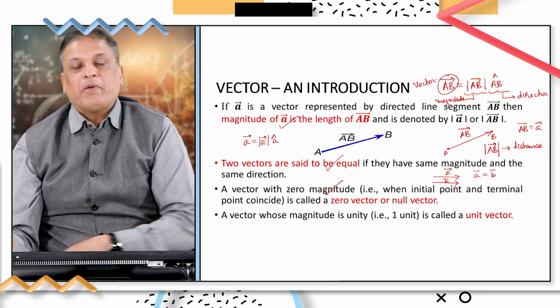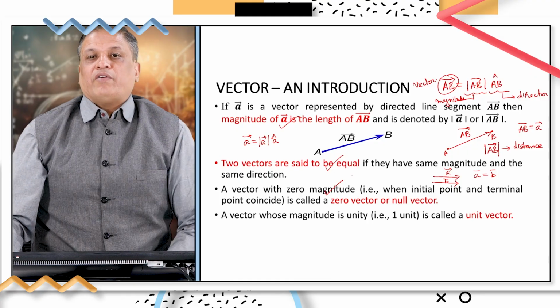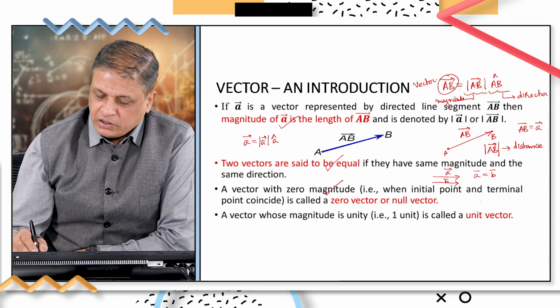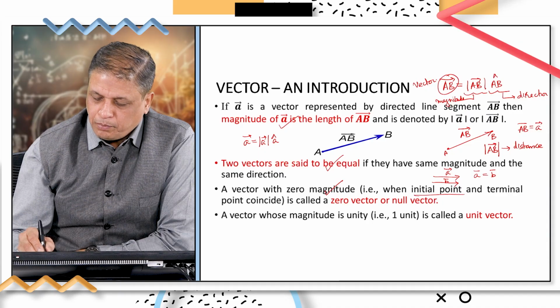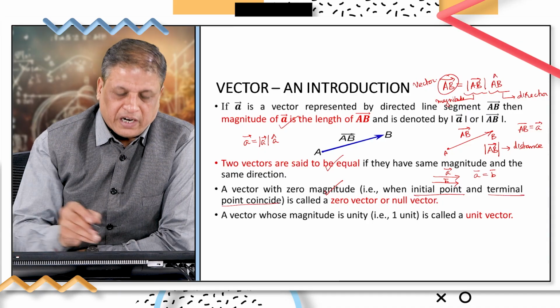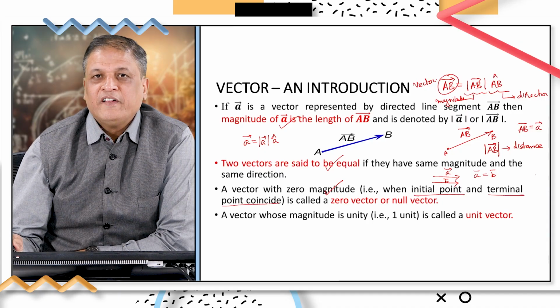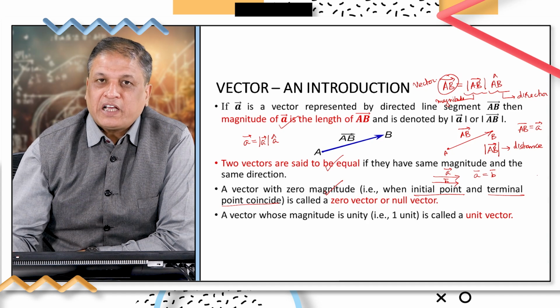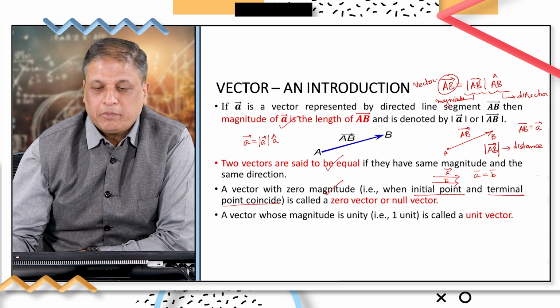The zero magnitude vectors are called null vectors or zero vectors, because I had already said that if the initial point and the terminal point coincide, in the case of displacement, we discussed that the displacement can be 0. If the starting point and ending point are the same, then the displacement can be 0.